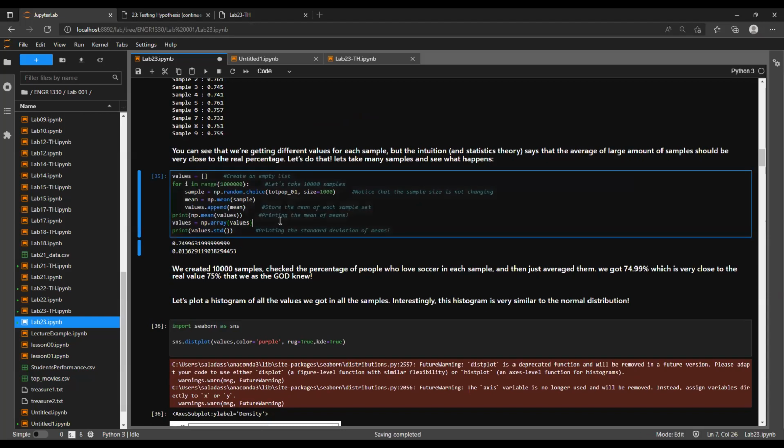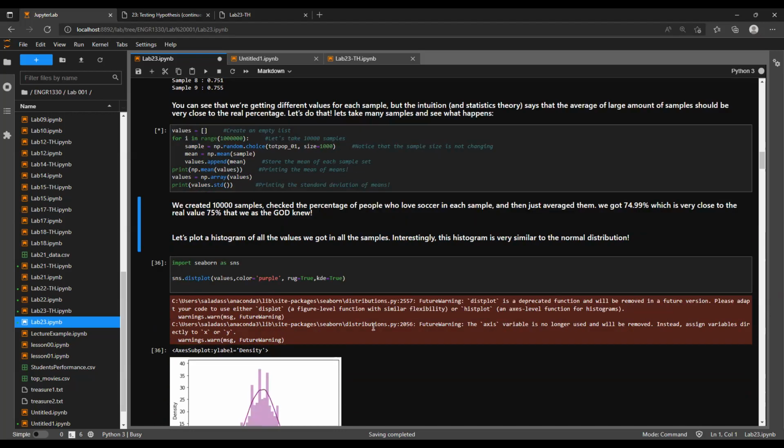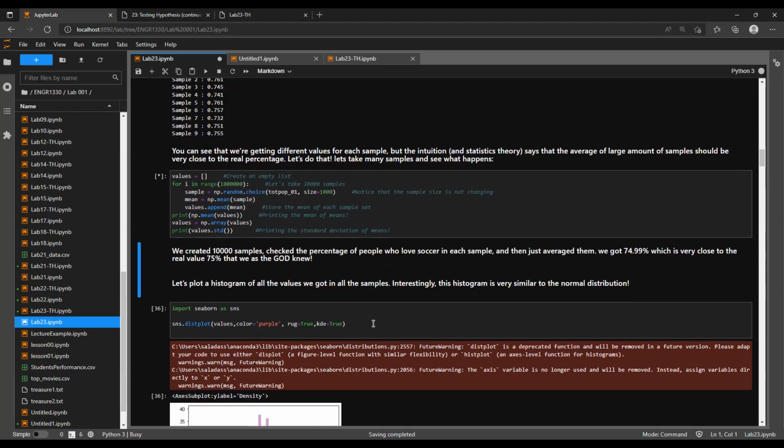And I can run this again and it'll look slightly different. It takes a little bit because I put 2 extra zeros in there. Still going.